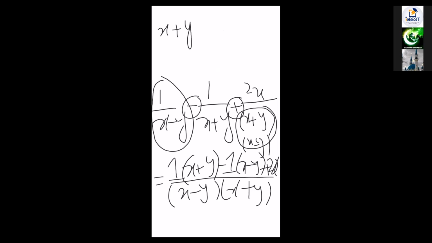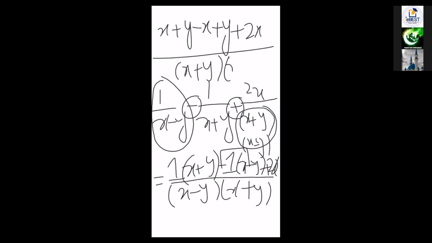So I'm writing x plus y and then minus x. Now see, minus and minus will be plus. So you're going to write plus y, and then you're going to write 2x divided by x plus y, x minus y. Got it?